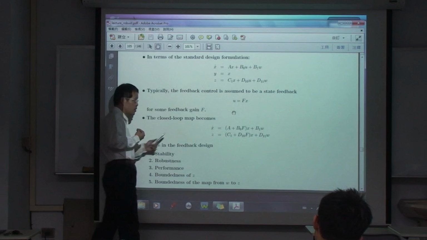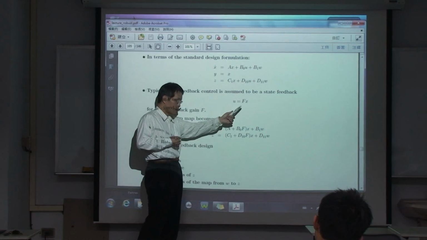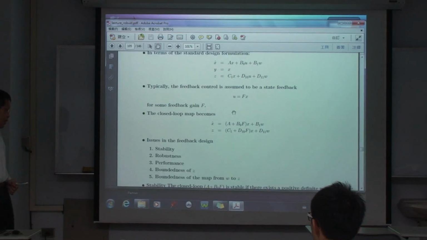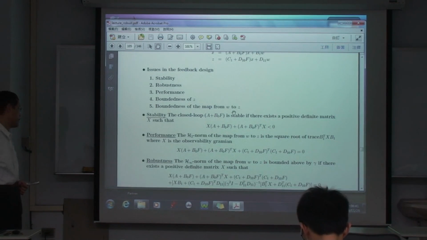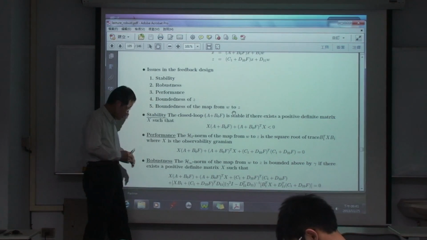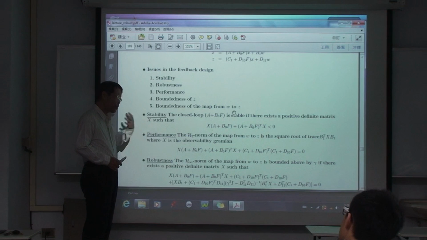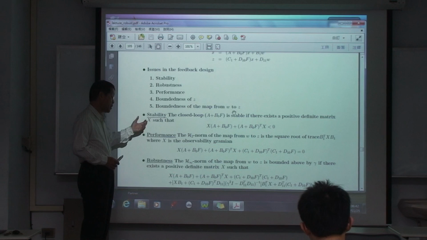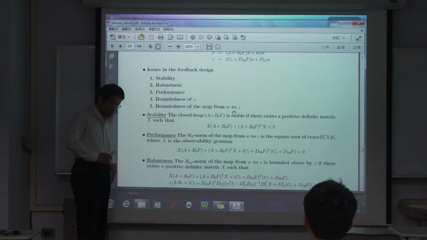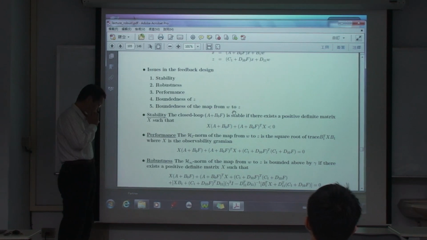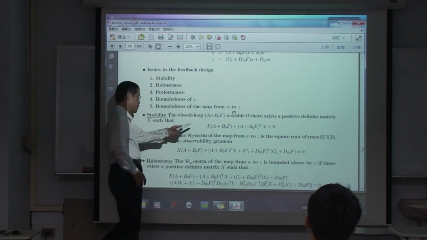So F is something to be determined, and the determination of F is coupled with this particular equation. This equation plays a very important role in revealing the performance and stability and, later on, robustness of the system. But if you examine this equation more closely, you will see certain coupling between unknowns.